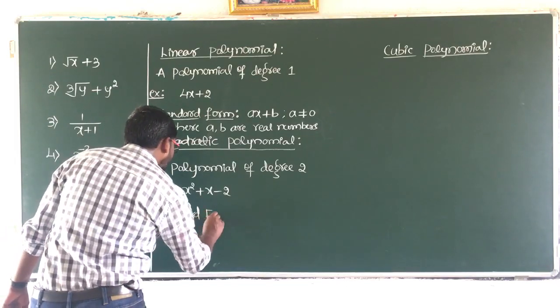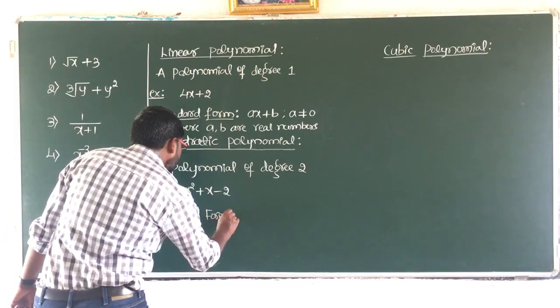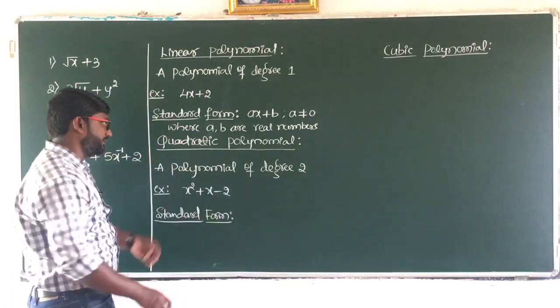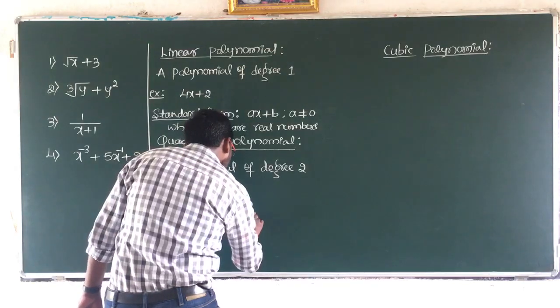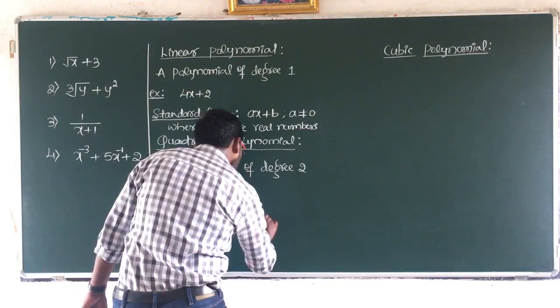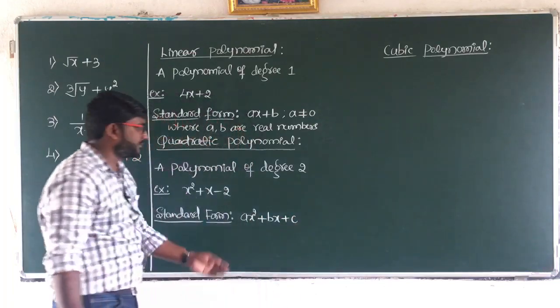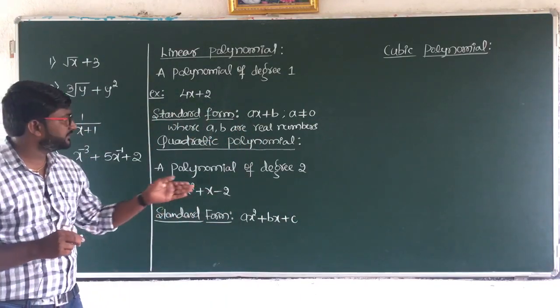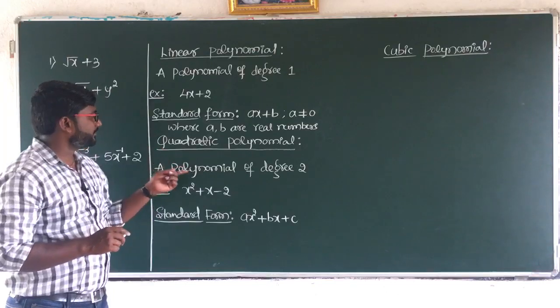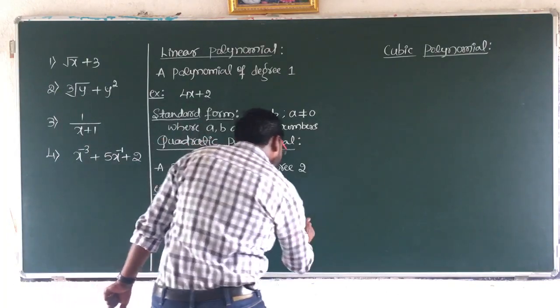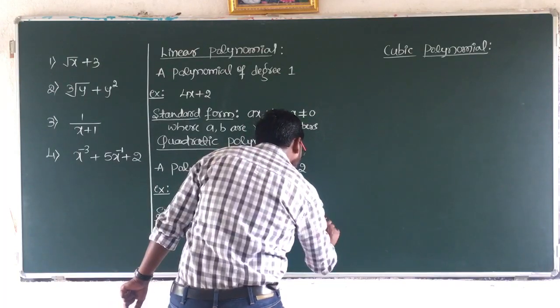So the standard form is ax square plus bx plus c. This is the standard form of a quadratic polynomial, where a is not equal to 0.